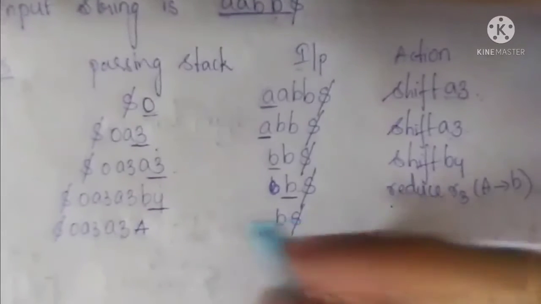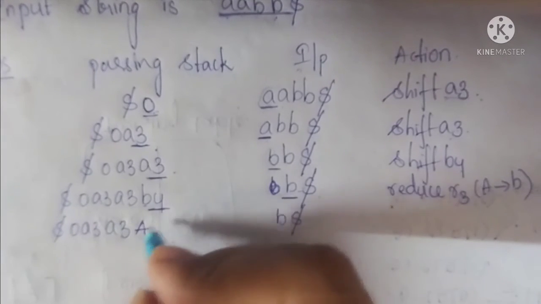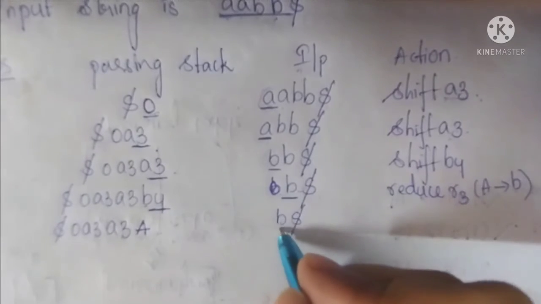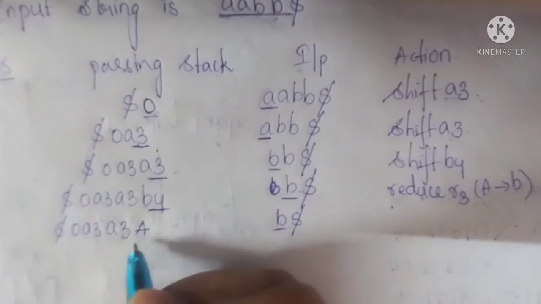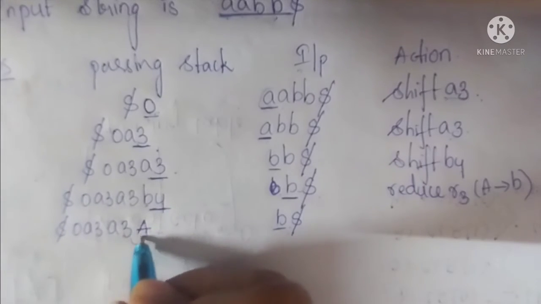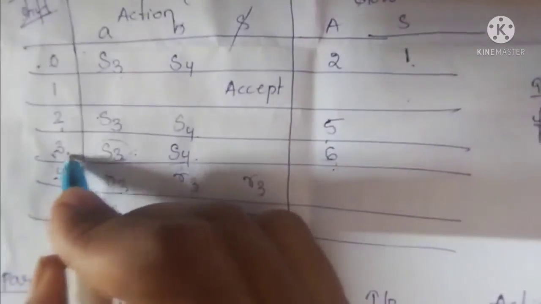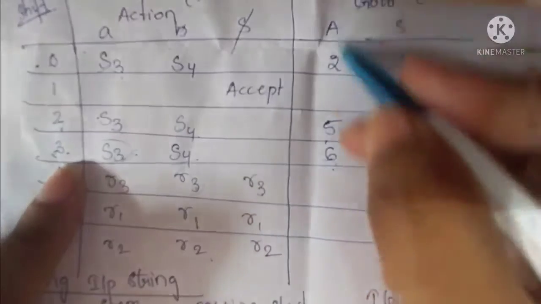Now see here, we don't have any other state here, meaning we don't have any number to find the state with B. So what we have to check is in the I3 place, where the capital A is going. In the I3 place, capital A is going to 6, right?